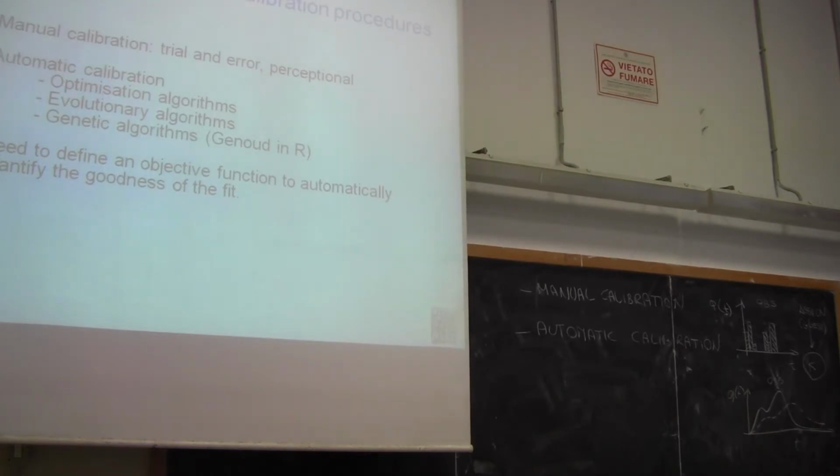And then you judge, based on your expertise, if you are happy with this simulation. If you are not happy, then you change k, and then you may obtain another hydrograph, like for instance this one.